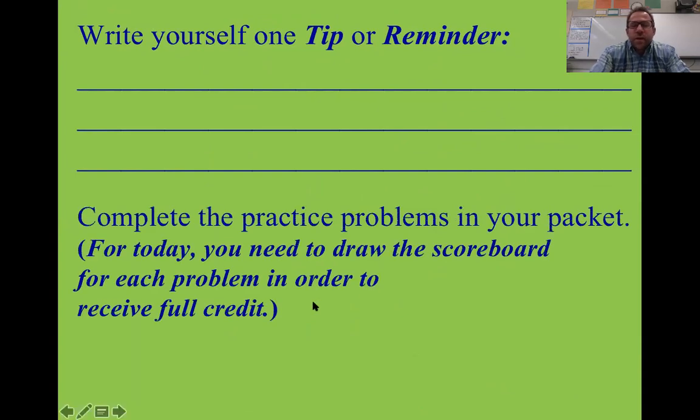Now for today, if you want to get full credit, you need to draw the scoreboard on your paper for each problem in order to receive full credit. So in the future, if you don't want to use the scoreboard, that's your prerogative, but the scoreboard strategy works great. Okay, so, but if you want to get full credit on this assignment, you need to show me the scoreboard strategy for this assignment.